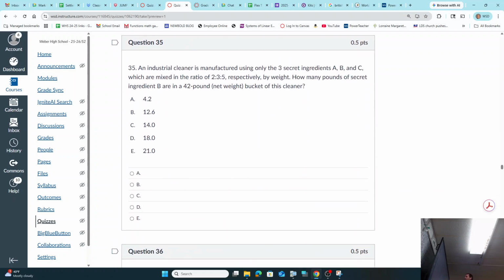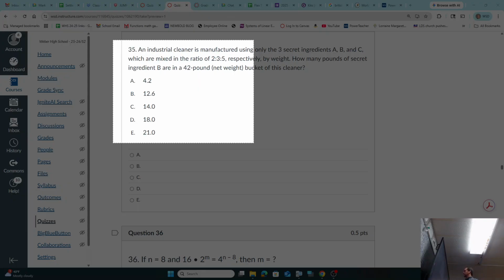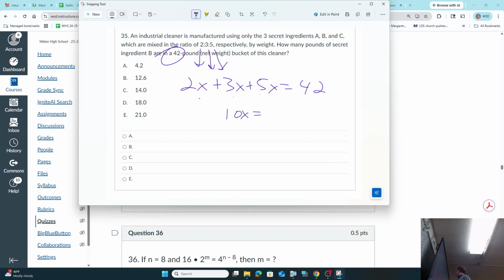Okay, so the next one is 35. Basically we're doing this by ratios or amounts. We have to take each one of those and balance them with 42 total pounds. So it's 2x plus 3x plus 5x is equal to 42 pounds. We add those together: 5 plus 3 is 8, plus 2 is 10x.